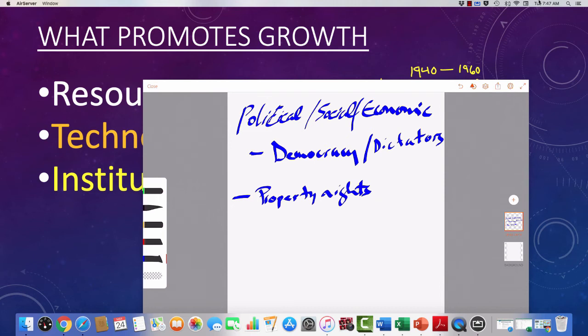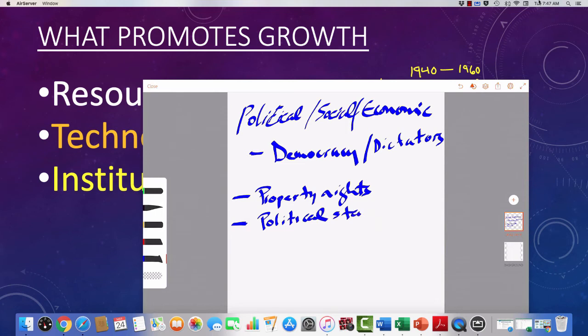And property rights are closely tied to financial incentives. We give people the ability to profit from their property, and they will use property in a remarkable way that helps to promote economic growth.